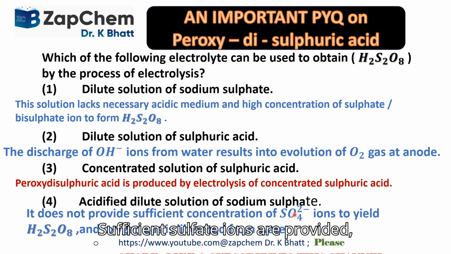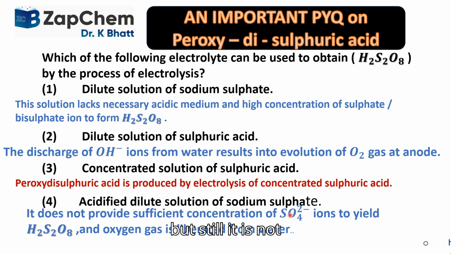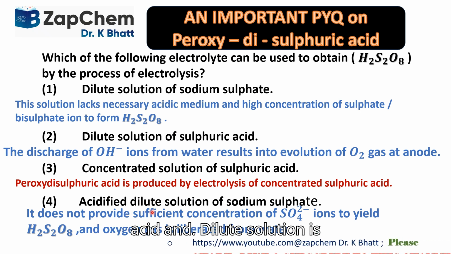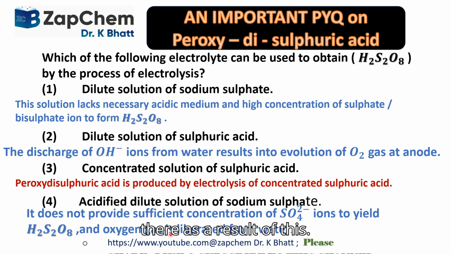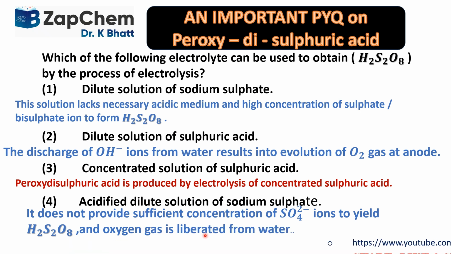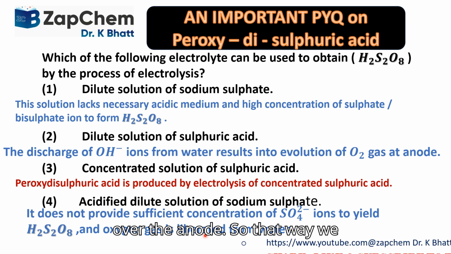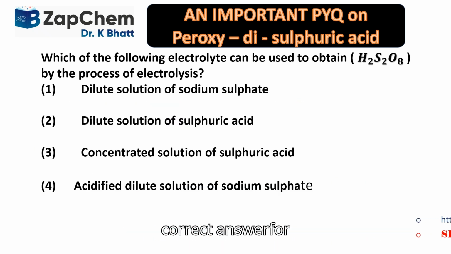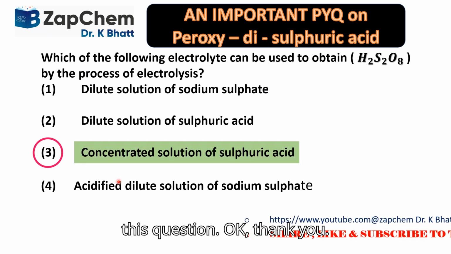Sufficient sulfate ions are provided, but still it is not enough to form peroxy disulfuric acid, and dilute solution is there. As a result of this, oxygen is obtained over the anode. So that way we find here the option 3 is the correct answer for this question.